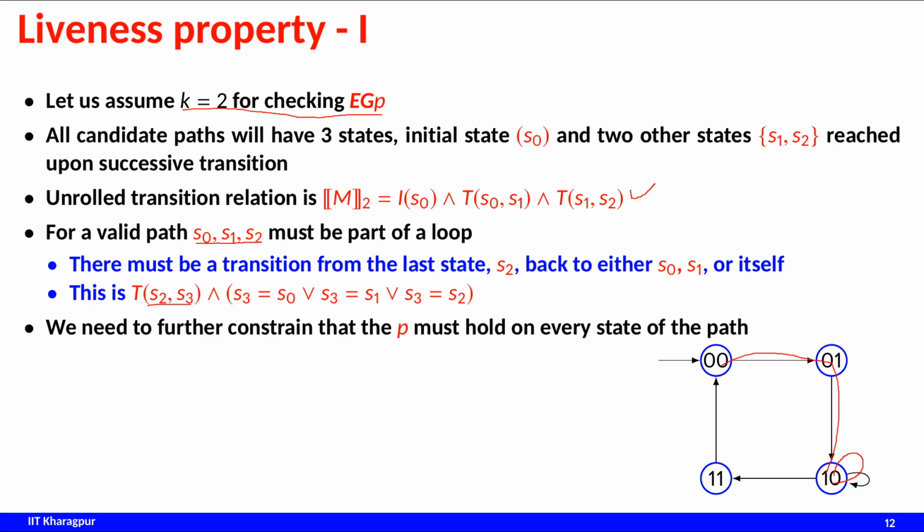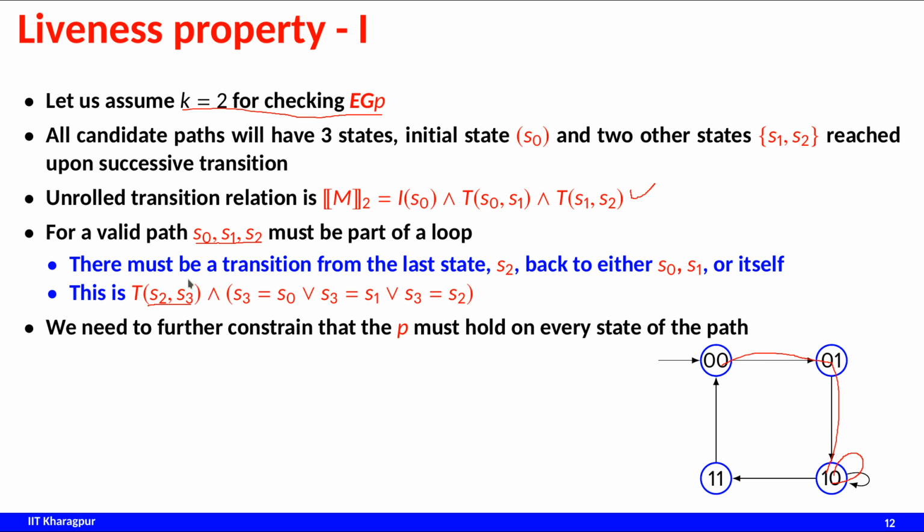And how can we check this loop? We have to look at the set of states that we have already explored, and see if there is a path from one of these explored states to an already explored one.